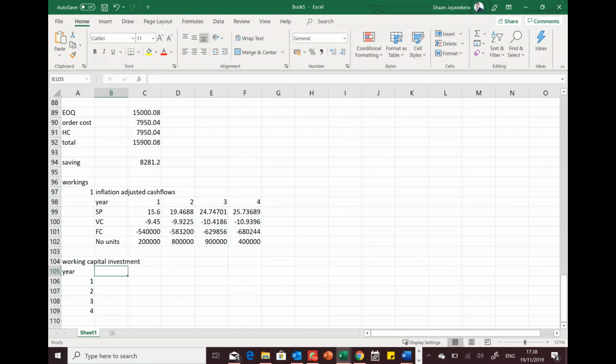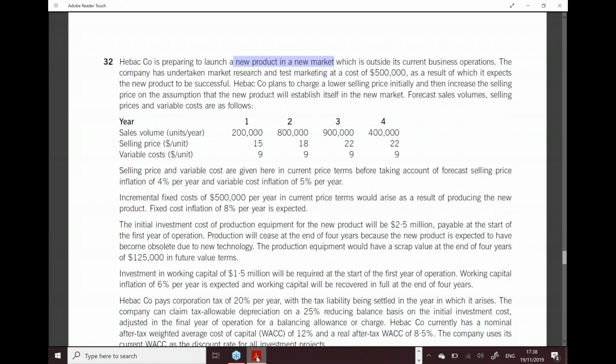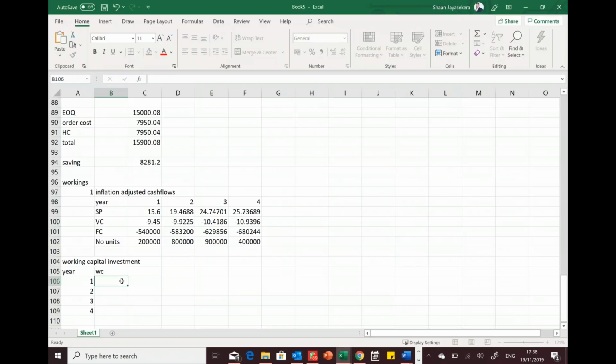I need to work out what is my working capital that I have to have in place. So in year 1, I have to have working capital of 1,500,000. So I just put that figure down. I'll take it as a minus because it's a cash outflow, 1,500,000, and this working capital is also expected to move with inflation, which is 6%.